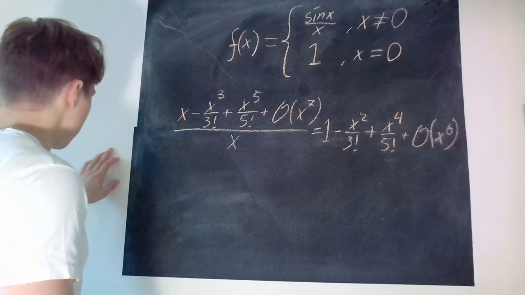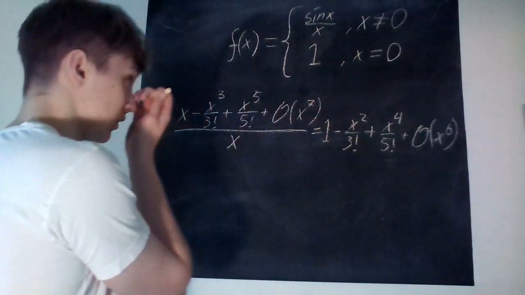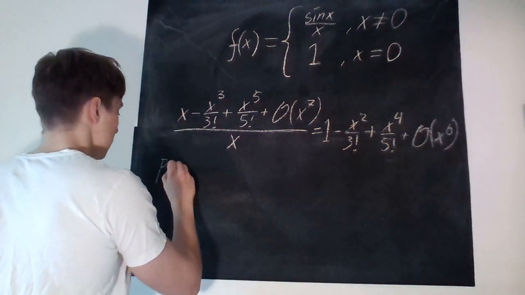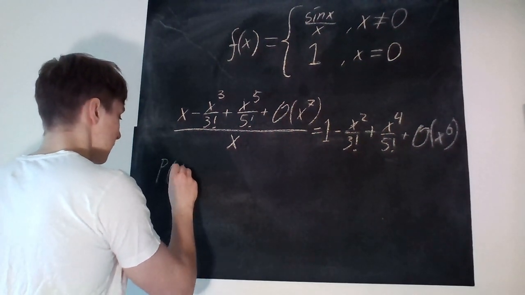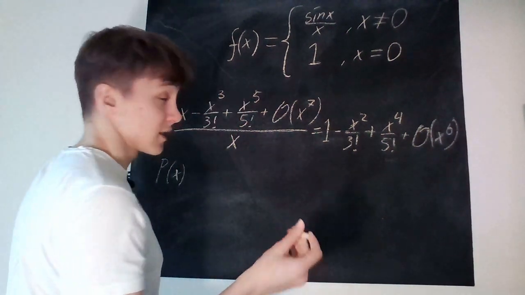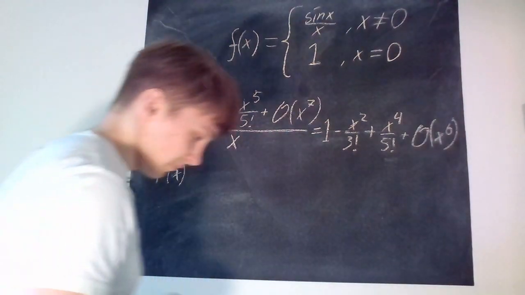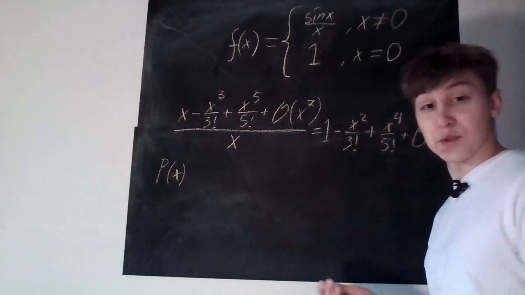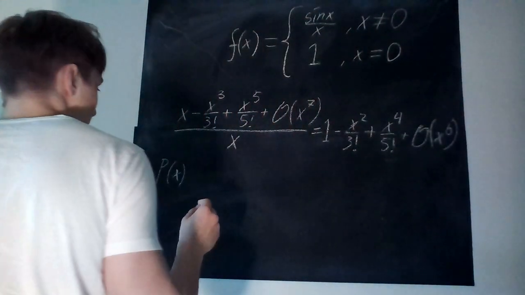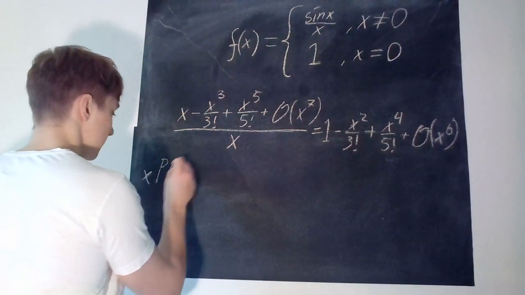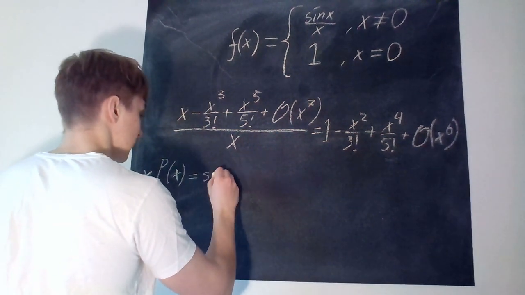Actually, the way my professor did it, he did it super simplistically. You could also do a quick little proof by contradiction, kind of. One could say that, suppose there exists a Taylor polynomial called P, which also works as a Taylor polynomial for sine x over x, but it's not equal to what we've written down here. Then, since the Taylor polynomial for sine is unique of any degree, we would know that x times P of x should just be equal to sine x.